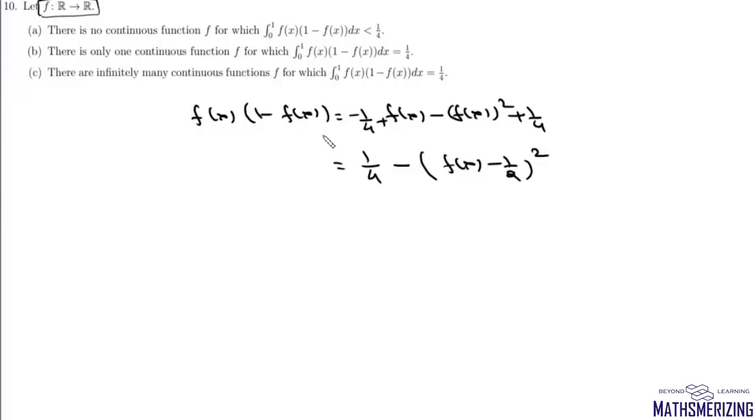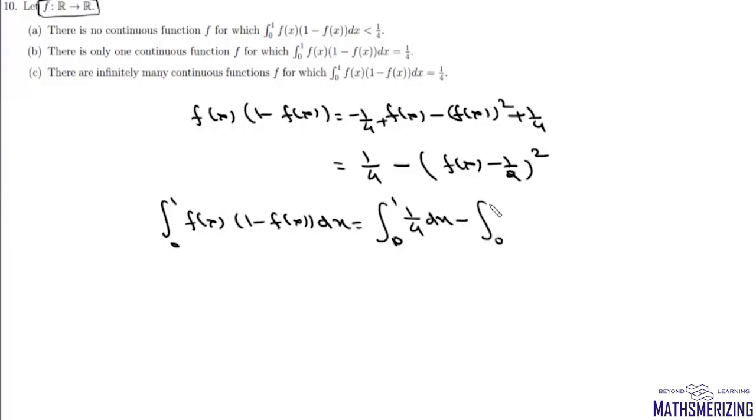So we'll take the integral for this function. Then we can write integral from 0 to 1 f(x) into 1 minus f(x) dx will be integral from 0 to 1 of 1 by 4 dx, and then minus integral from 0 to 1 f(x) minus 1 by 2 whole square into dx.